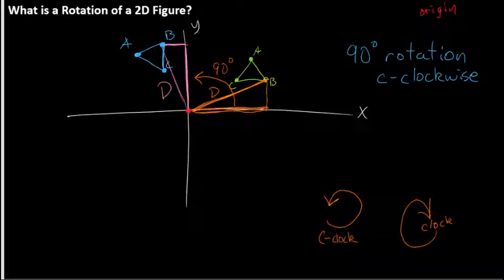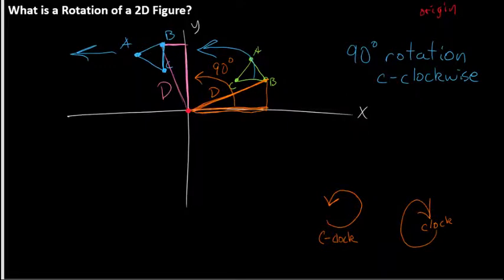If ABC was a plane, and A was the nose of the plane, it turned 90 degrees counterclockwise, and now it's facing off this way in a direction we could call west. But in a nutshell, this is what rotation of a figure about some center of rotation is.